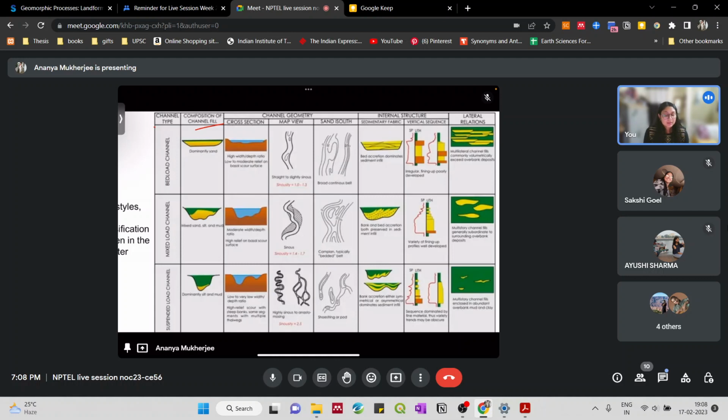Then if you come to fabric and infill, these are much more detailed geomorphic study related aspects.